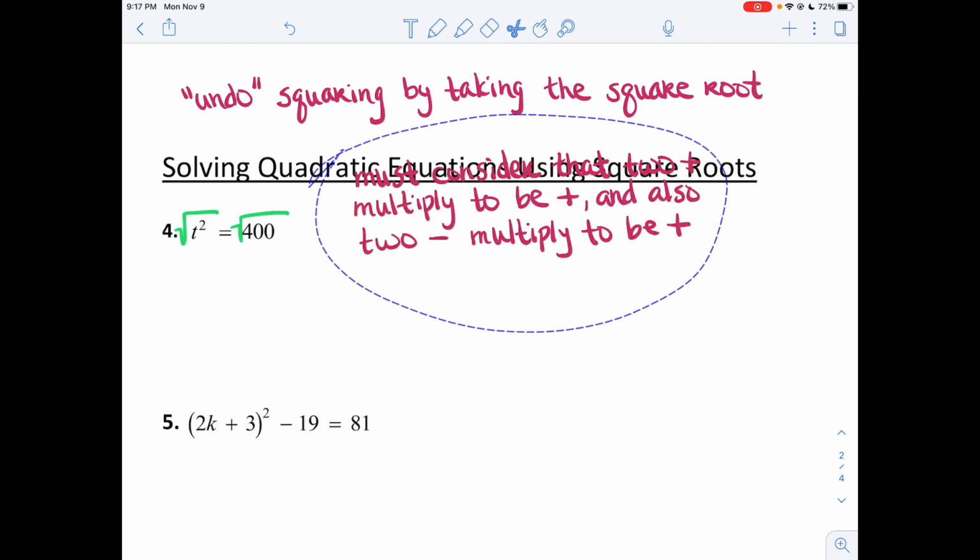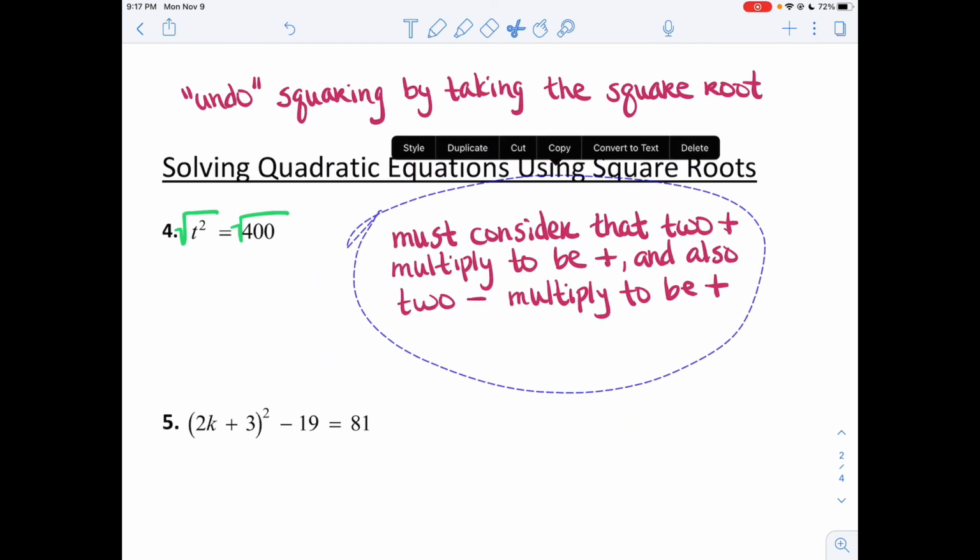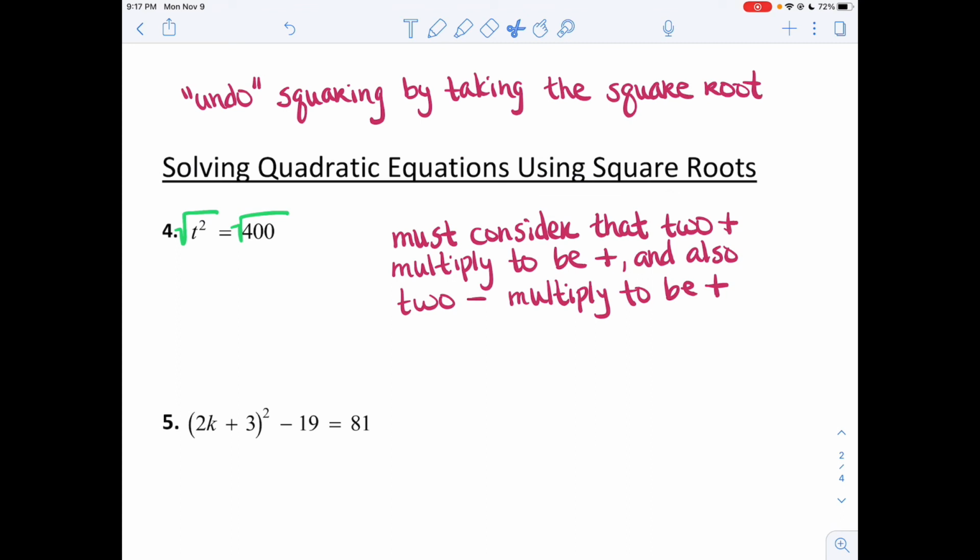Another thing that we have to consider here, and this can be a little bit tricky, is that there are two possibilities when you are talking about squaring things. You could have two positive numbers that multiply together to equal a positive, or you could have two negative numbers that multiply together to be a positive.